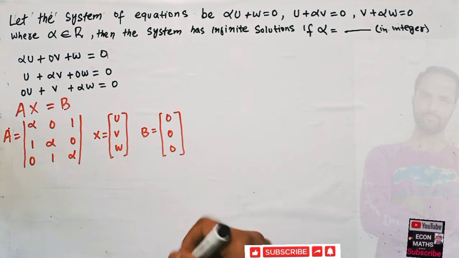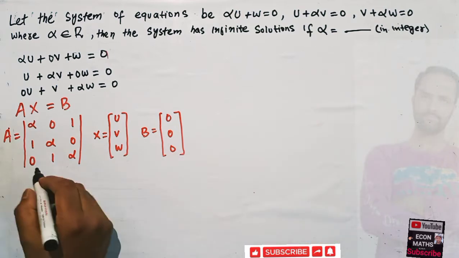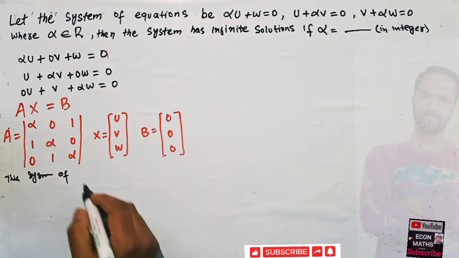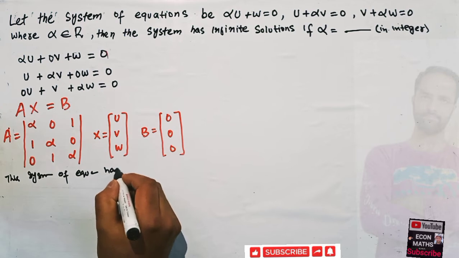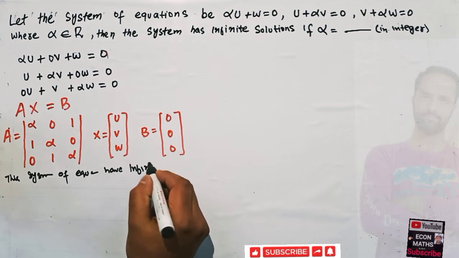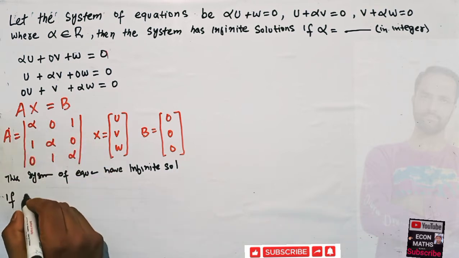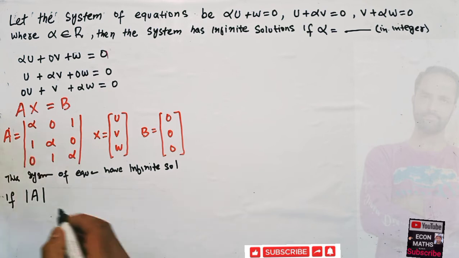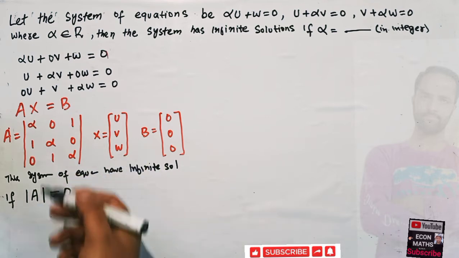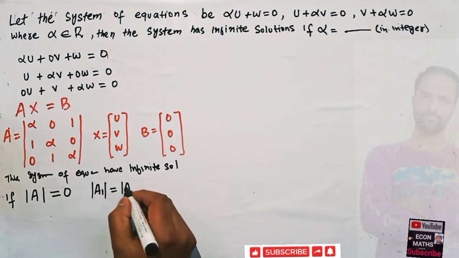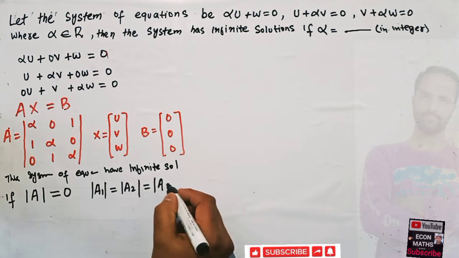Now this system of equations will have infinite solutions if the determinant of this coefficient matrix is equal to 0, and the other determinants, that means A1 is equal to A2 is equal to A3.